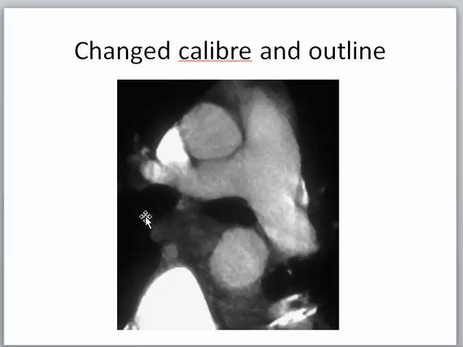Now this one, normally there is a difference between the ascending and descending aortic diameter. The ascending should be more than the descending. The difference is between 5 to 4 or 3.5 to 5 to 3.5.